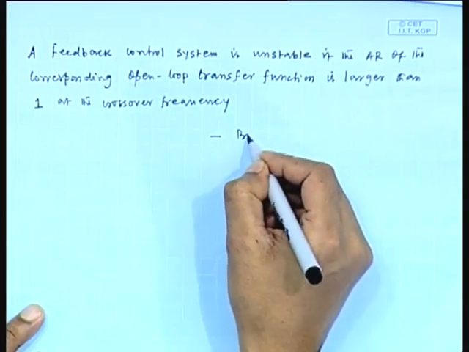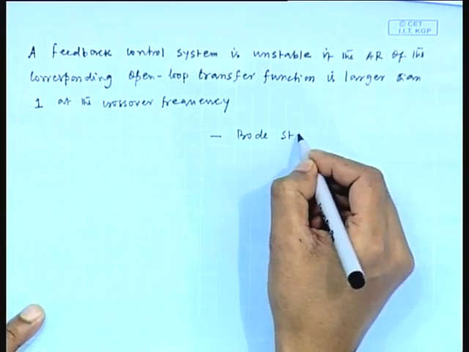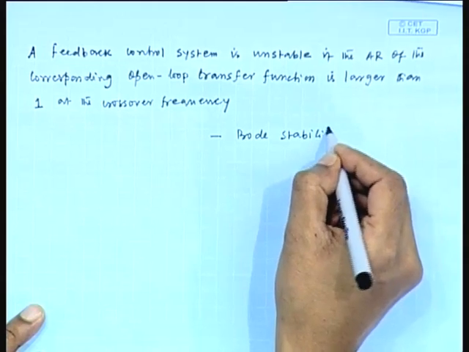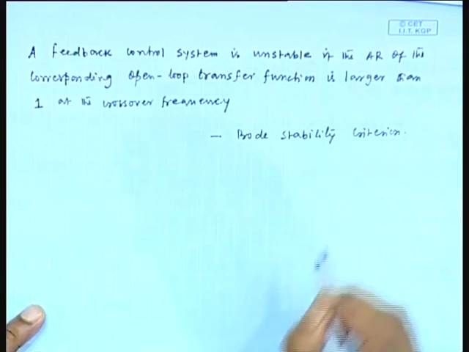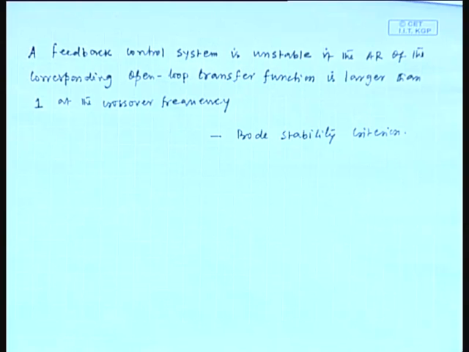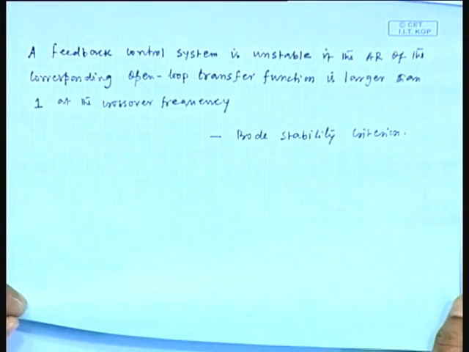This is the Bode stability criteria. Fine. A feedback control system is unstable if the amplitude ratio of the open loop transfer function is larger than 1 at the crossover frequency.